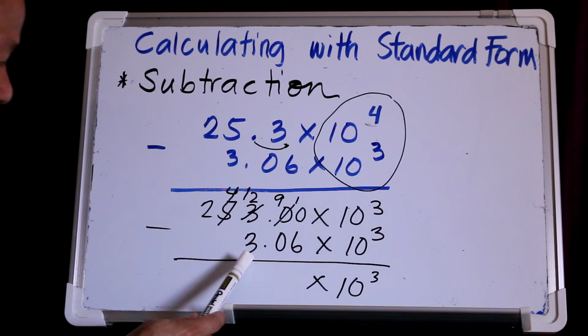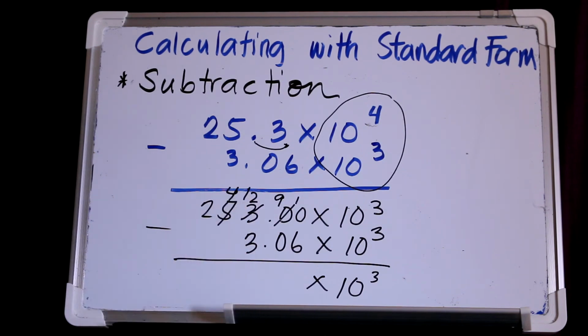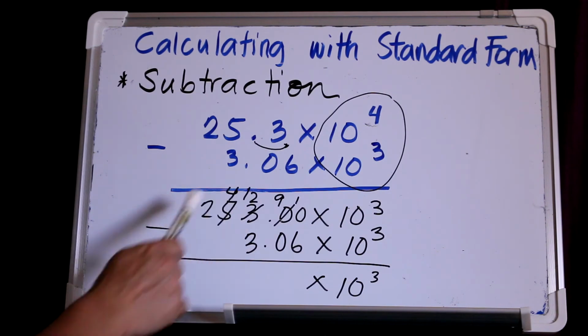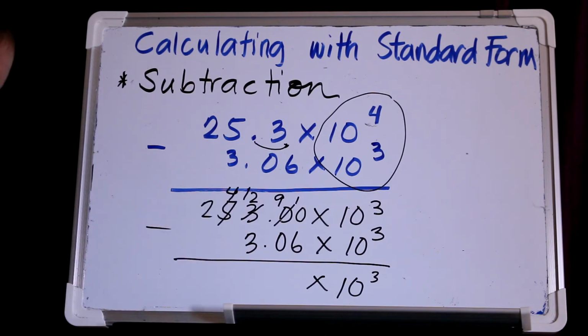Why again? Because 2 cannot be minus the 3 below. So that's why we borrow from 5. Alright? So we go with our operation.